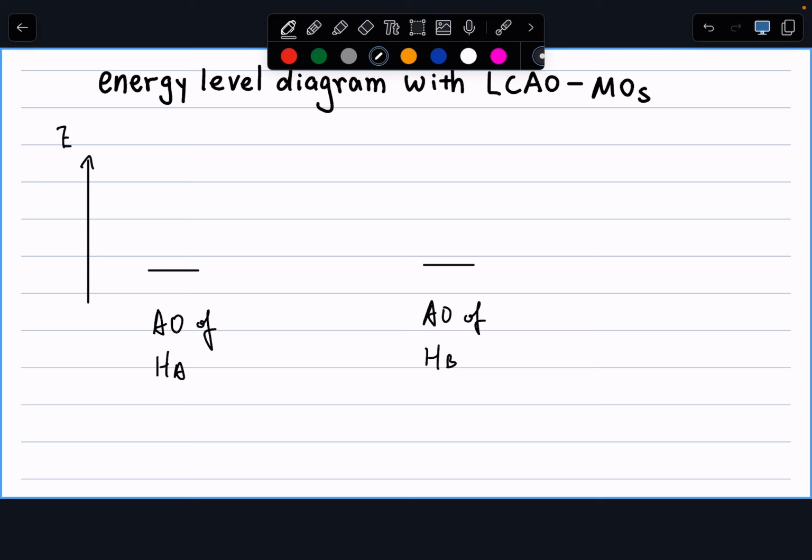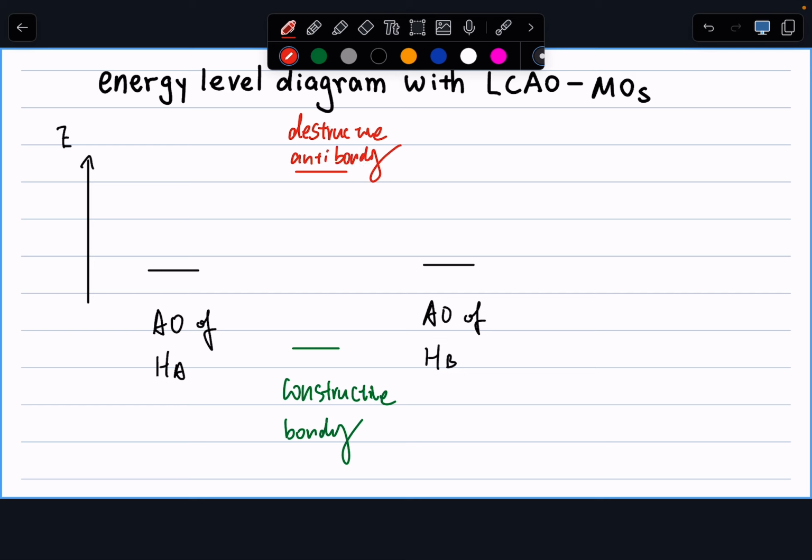They're both 1s orbitals of hydrogen. So when they meet each other, they form a pair of molecular orbitals. One is going down in energy because it's constructive and bonding. And the other is high in energy, so that's destructive and anti-bonding.